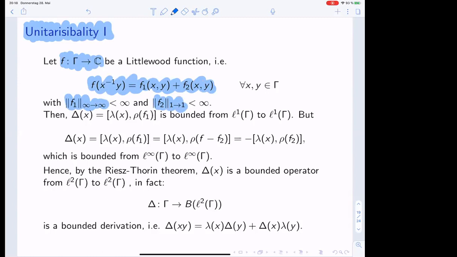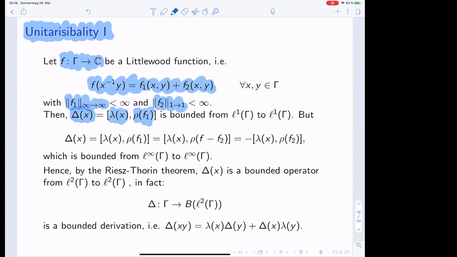And now what we are doing is the following. We define a new operator. F1 is a kernel, so it acts on L1. And lambda of x is the left multiplication by x on L1 of gamma.